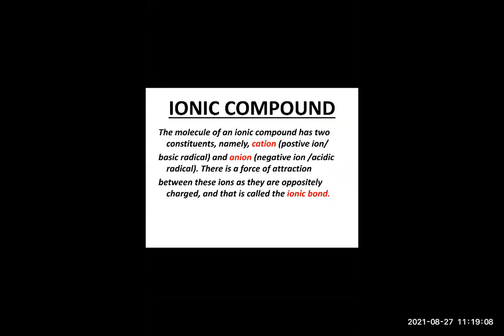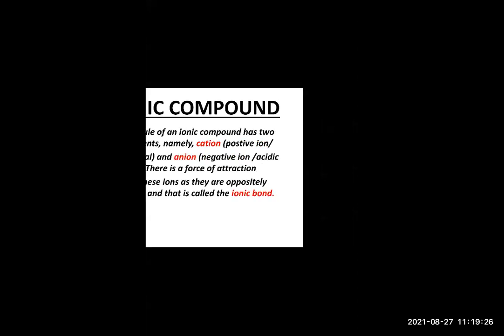There is a force of attraction between these ions as they are oppositely charged, and that is called the ionic bond. I hope all of you understood what an ionic bond and an ionic compound are. Yes or no, students? Okay, fine.